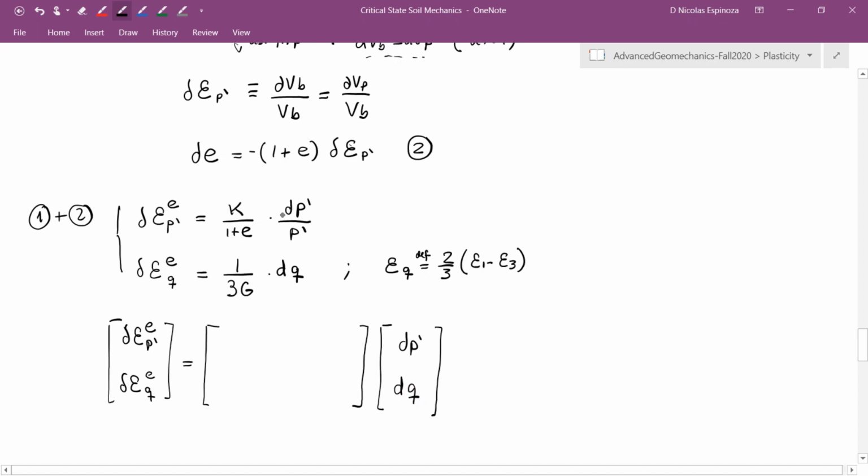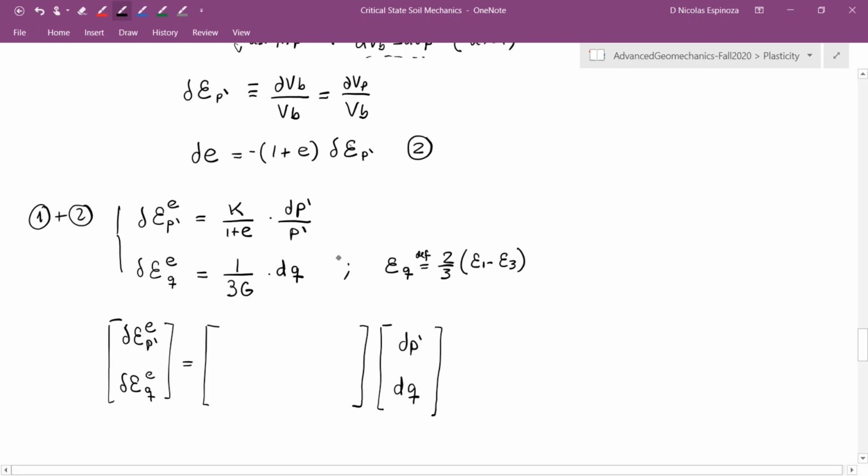All right, so notice that these are not related to each other. So what that means is that I still have that assumption that we have seen before, which is the decoupling between the normal strains or volumetric strains and shear strains.